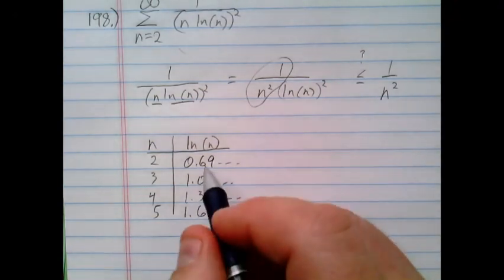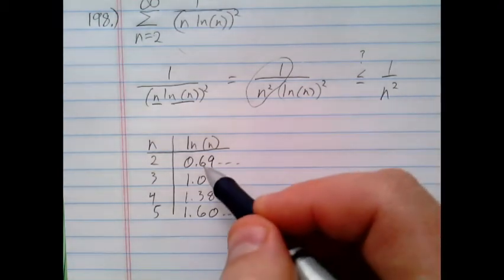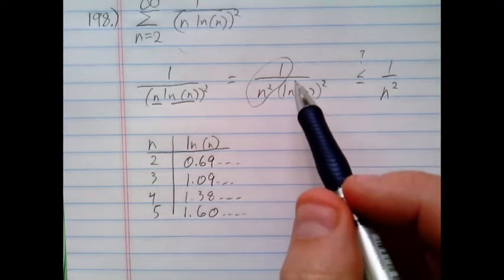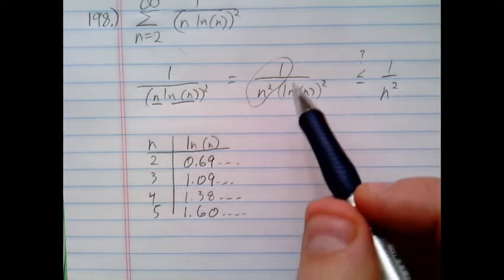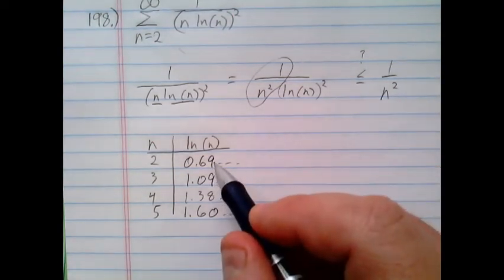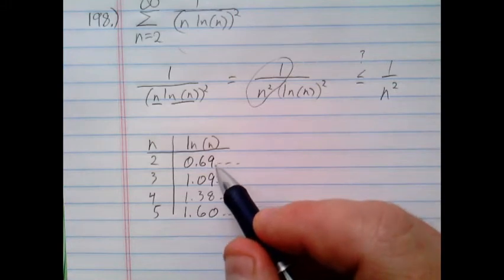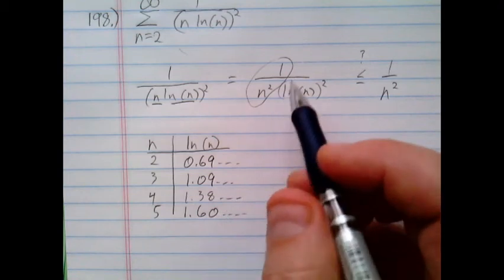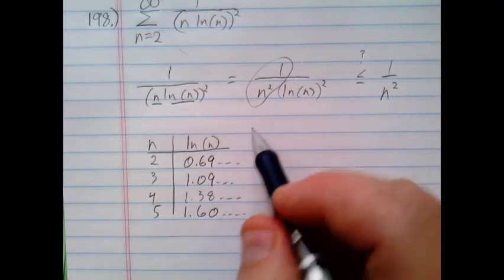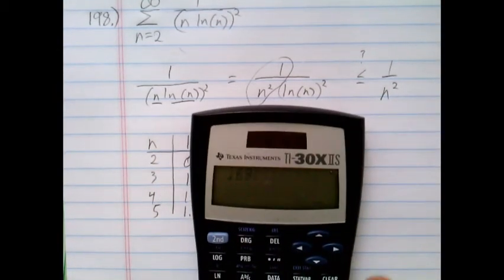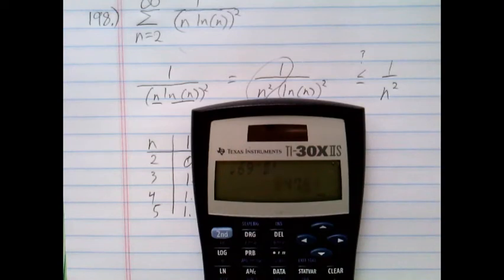Now here's the thing. As long as what we remove from the denominator is bigger than 1, then when we pull it out, the denominator gets smaller, and that makes the fraction bigger. However, if what we remove from the denominator is smaller than 1, if I take a factor of 0.69 out of the denominator, and 0.69 squared is actually even smaller, because if you take any number less than 1 and you square it, it's even more less than 1.